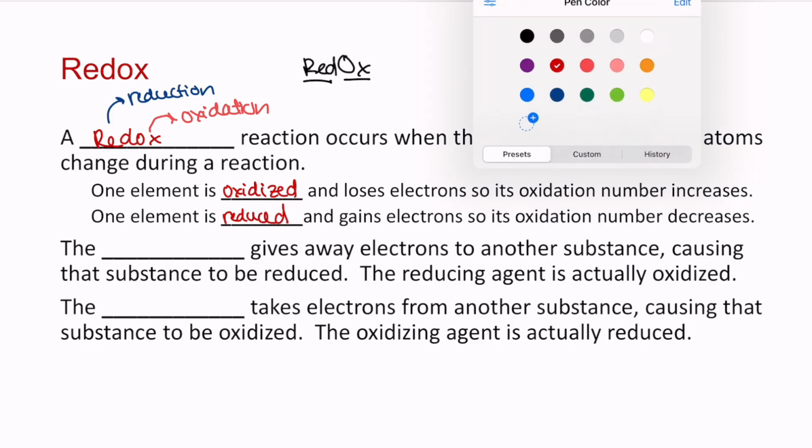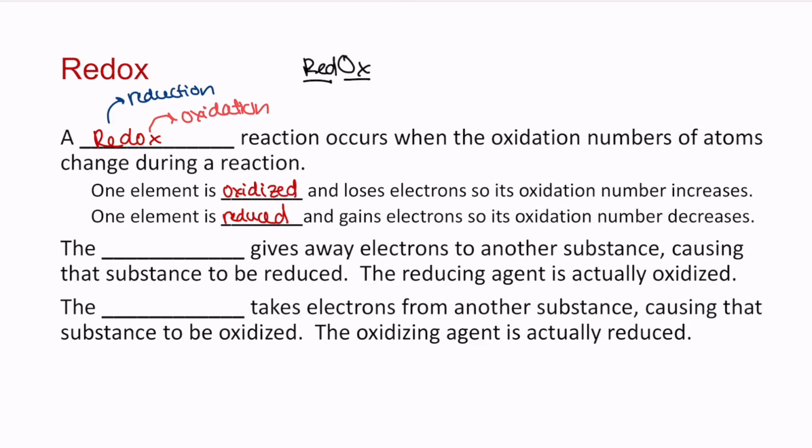Now, when this happens, you're going to get what we call our agents. The reducing agent is going to give away the electrons.